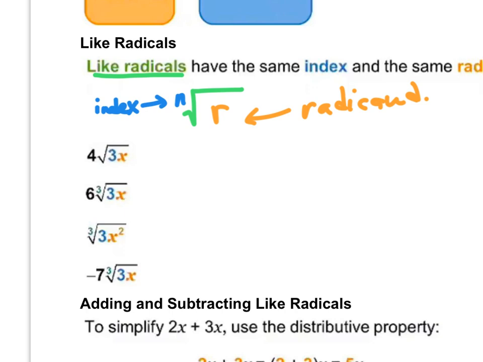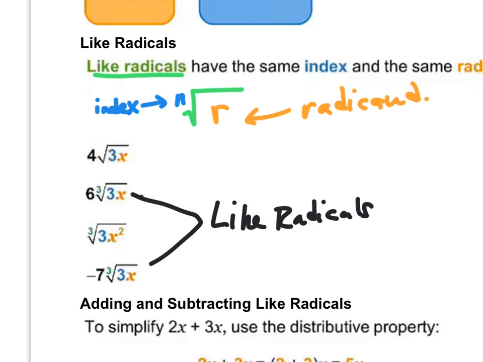In these two, you have the same radicand of 3x, and these have the same index. And then down here, negative 7 times the cube root of 3x, these two have the same radicand and index. So these that I have here are my like radicals.